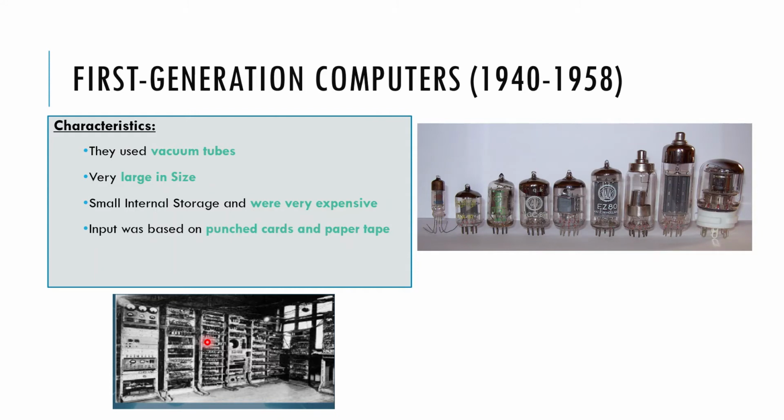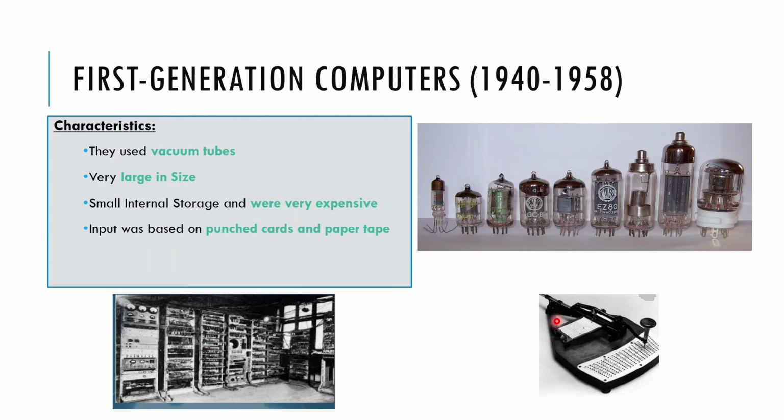Input was based on punched cards and paper tape. So primarily in this generation of computers, batch processing was used. Support machine language for instructing the system. These computers were dependent on the lowest level programming language, which is known as machine language, used by the computer to perform different kinds of operation and for instructing the system.